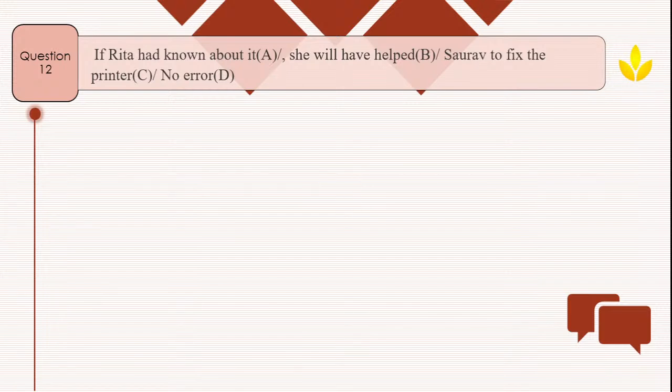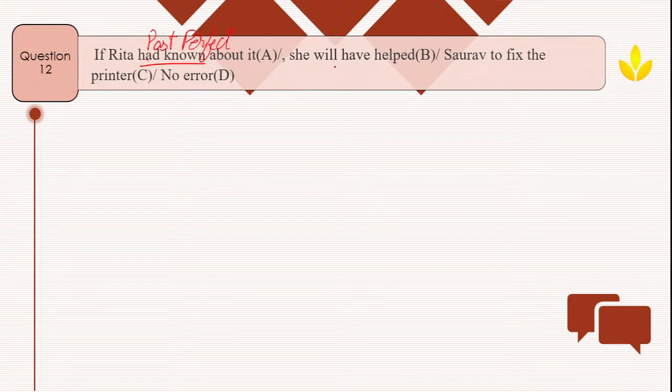Next question. If Rita had known about it, she will have helped Saurav to fix the printer. So again, a tense based question. She will have helped Saurav. Had known, for example, this is past perfect.